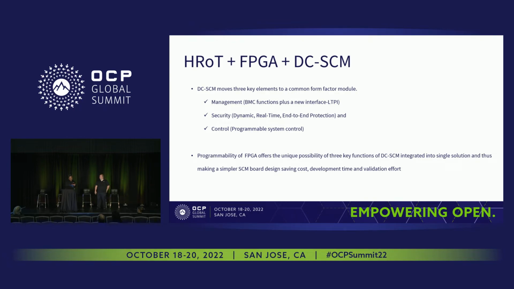If you want to have a hardware root of trust and fix on something, you can certainly do that. And you can also snoop on the buses, which is possible because the FPGA has a parallel nature. So if someone issues a command that can delete the flashes or do some harm, you can actually snoop on that.